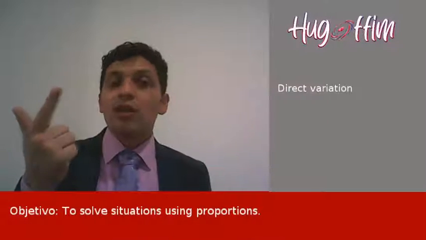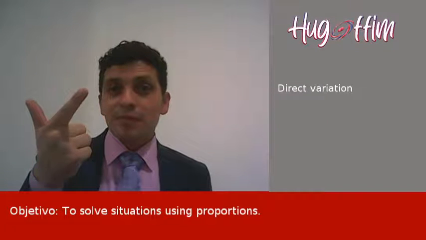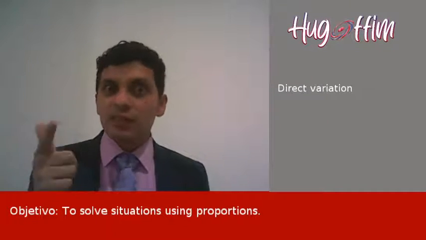So let me repeat again. Number 1, identify the magnitudes. Number 2, organize the information in kind of a table to get your proportion. And number 3, solve the proportion by cross product. And this is how you can solve problems with proportions.